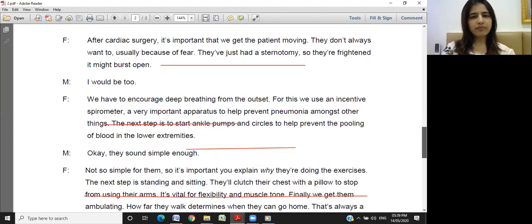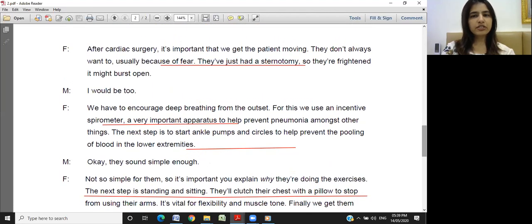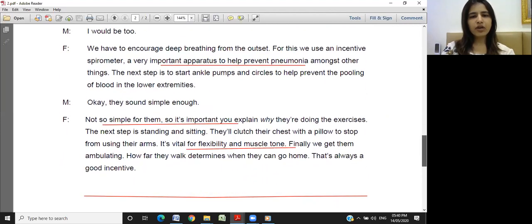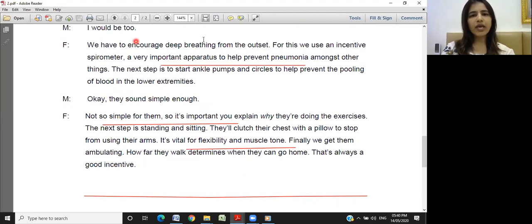So, wasn't it about the patient's emotional reaction to it? Yes, they were not describing the ways in which you can monitor the reaction, but it was mainly about how they feel, because here they've said they have fear, right? And they don't usually do it, and therefore she's trying to explain how you can encourage them to do activities. So C is in fact the correct answer here.